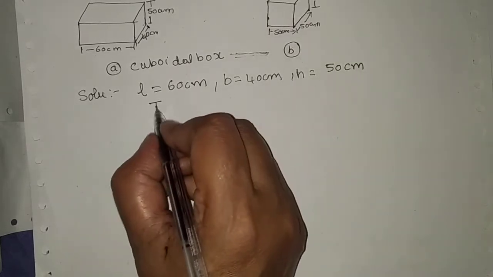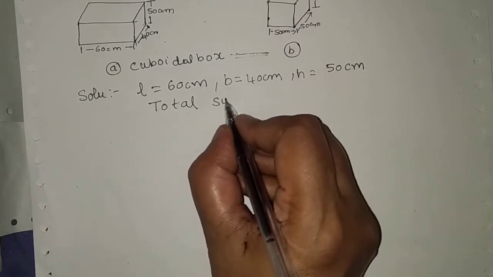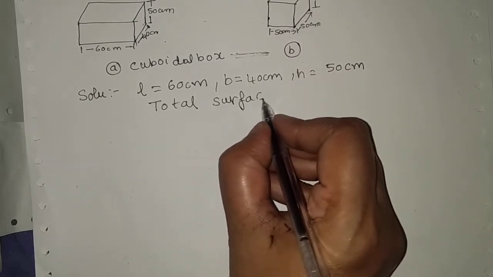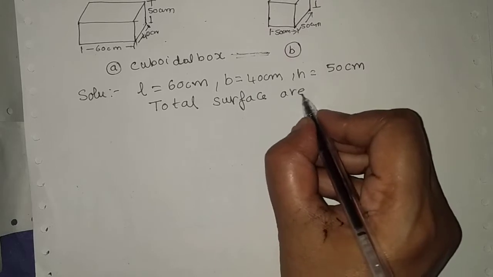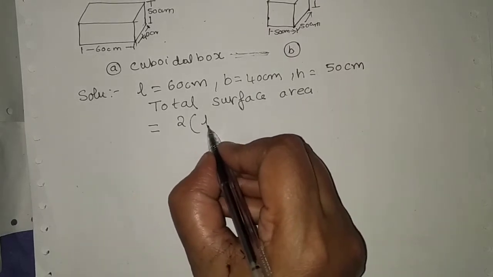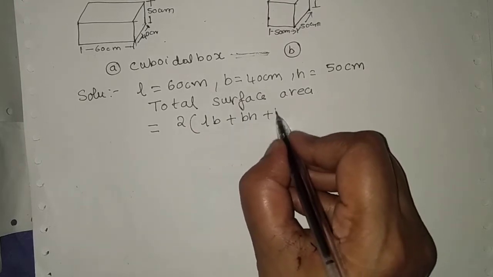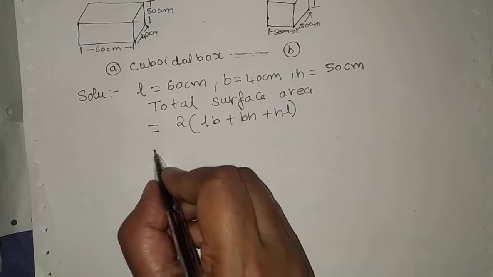Therefore the total surface area of the cuboid is given by the formula 2 into length into breadth plus breadth into height plus height into length.